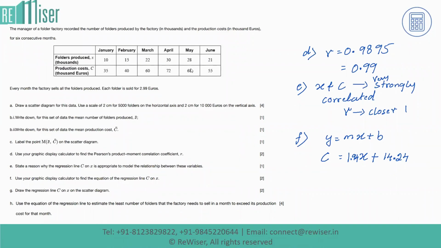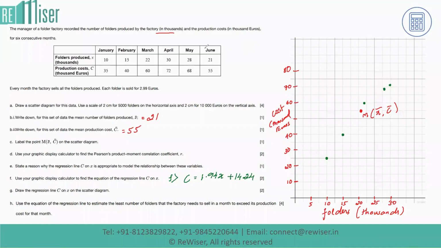Now, for part G, we are asked to draw the regression line C on X on the scatter diagram, and this is the scatter diagram given.